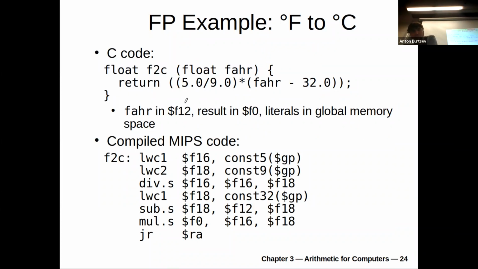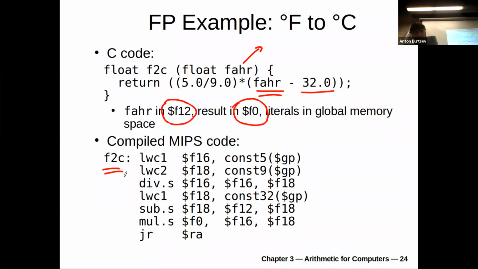This is the conversion formula: you take the number in Fahrenheit, subtract 32, and multiply by 5 ninths, right? Let's assume the argument is inside F12 and the result of the computation is inside F0.